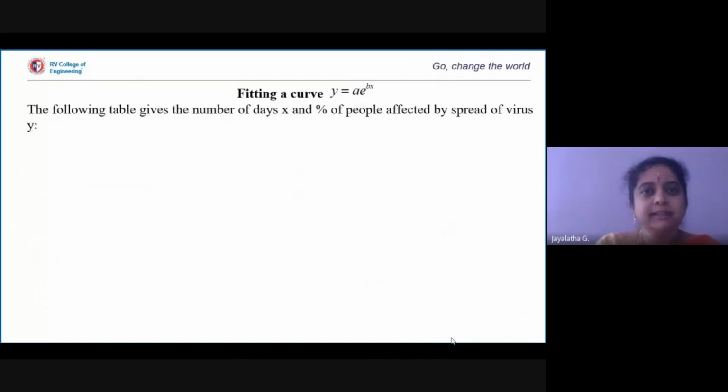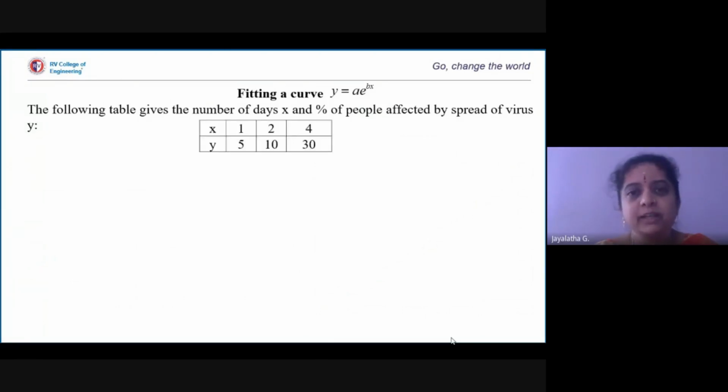Let me take an interesting example. The following table gives you the number of days X and the percentage of people affected by the spread of a virus Y. It could be the current situation, the spread of coronavirus, but the data appears like it was during the first wave, right? Not now. Maybe during the first wave in a small town.